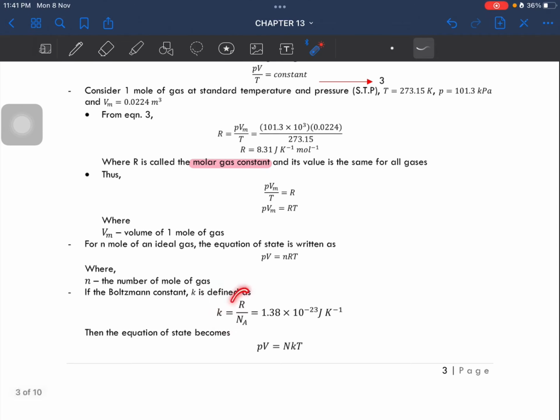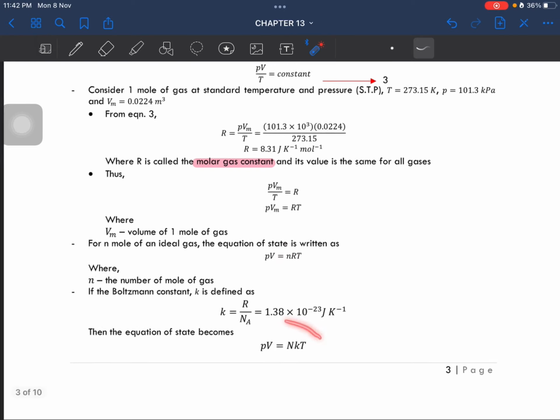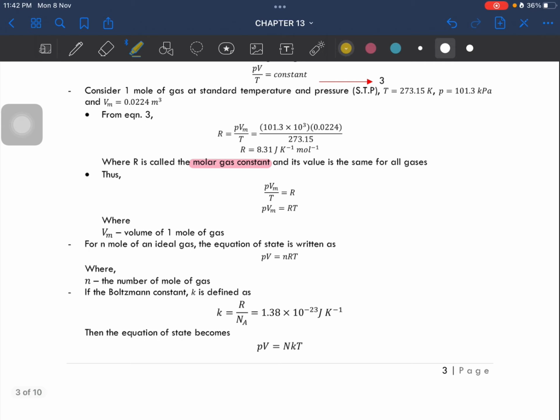If we use this, we can use the number of molecules instead of the number of moles of gas. So we have two equations, PV equal to nRT or PV equal to NkT. Here N is for number of molecules, not number of moles.